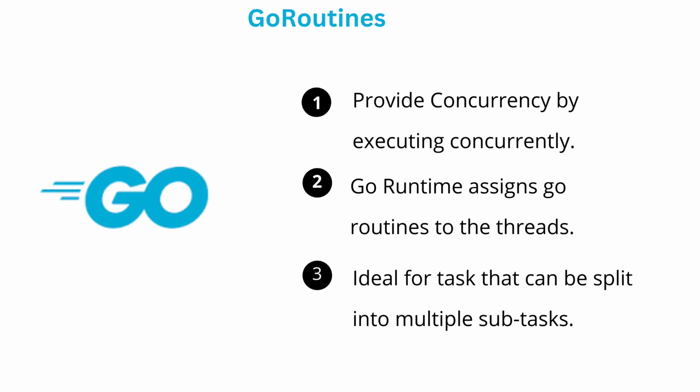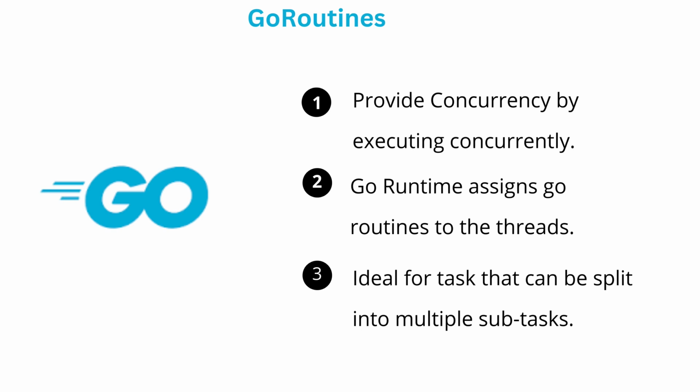So we have a Go routine running on an operating system level thread, but it's not occupying the entire thread. It's a small size, we can say, taking space on that particular thread. That way the thread is still free to execute other Go routines.